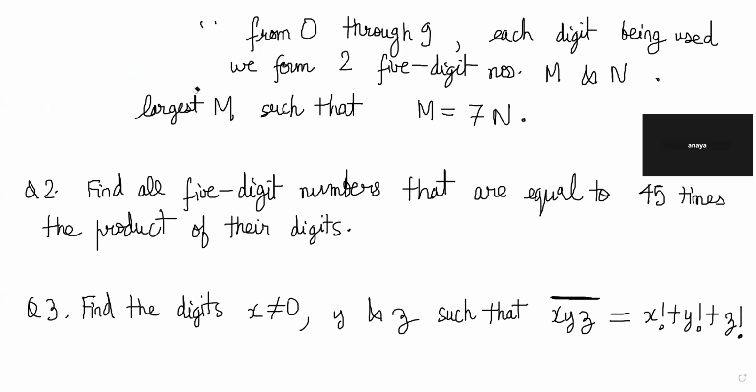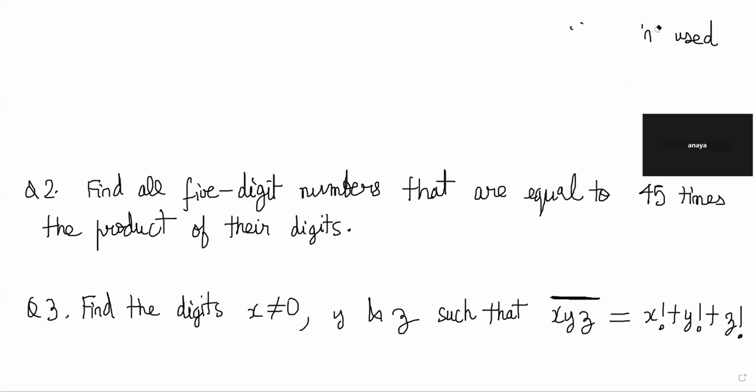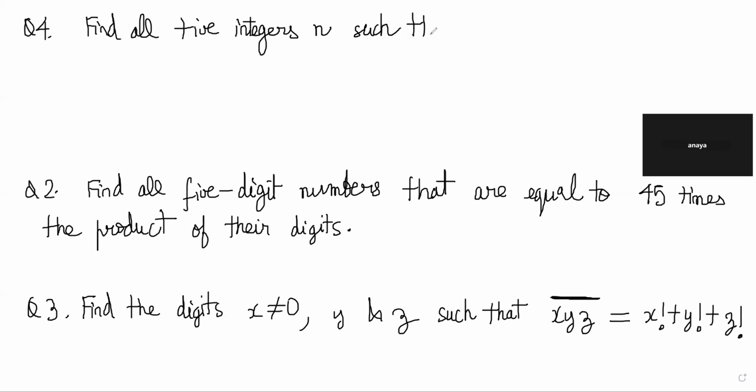Okay. So the fourth problem is: find all positive integers n such that each digit of n squared minus 3 is 3.